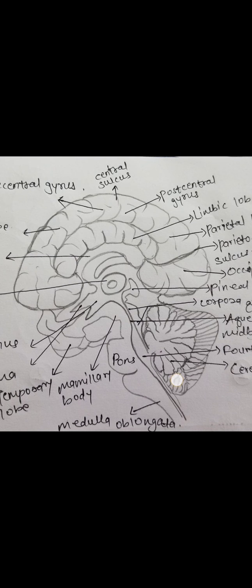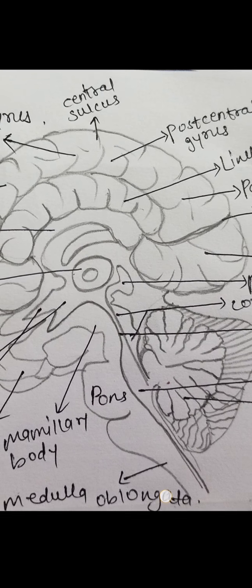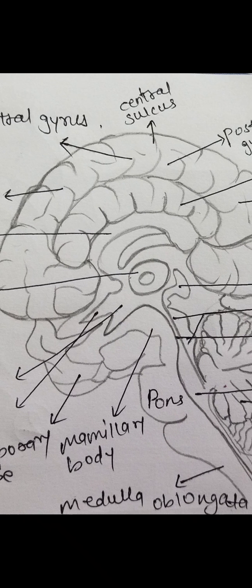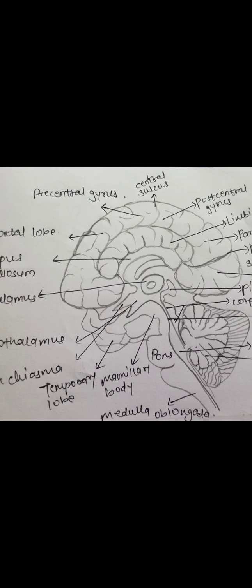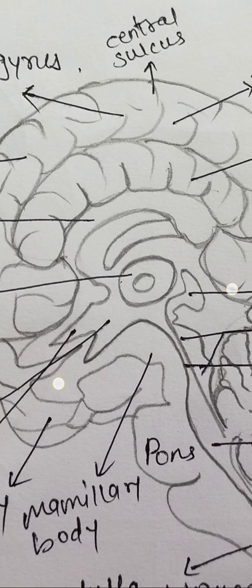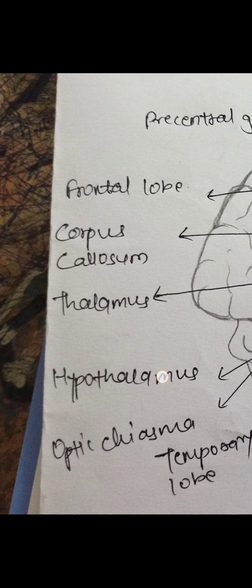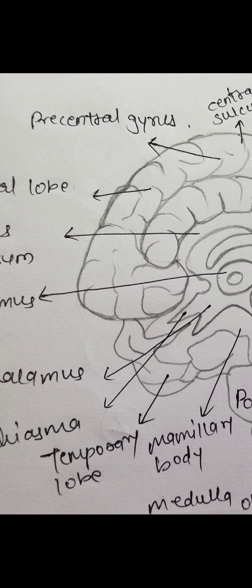Okay, and medulla oblongata. You can see here, which is the medulla oblongata, the pons, the mammillary body, the thalamus, which is thalamus, the hypothalamus.